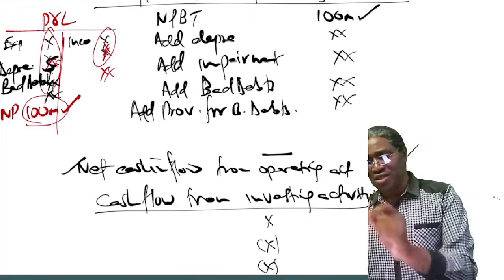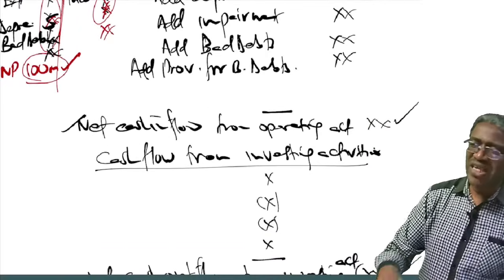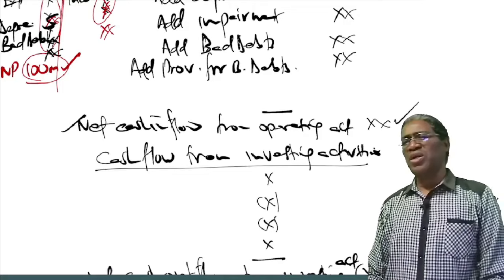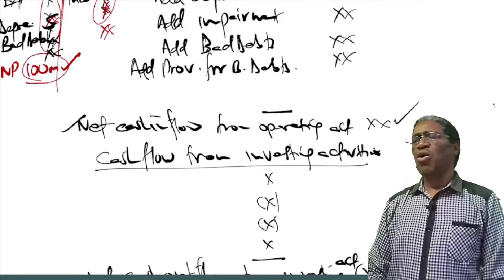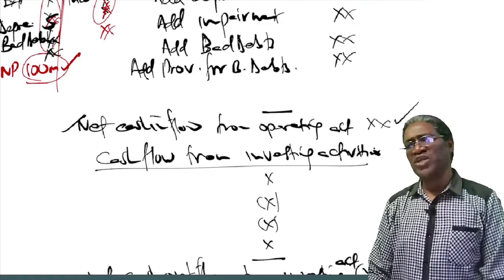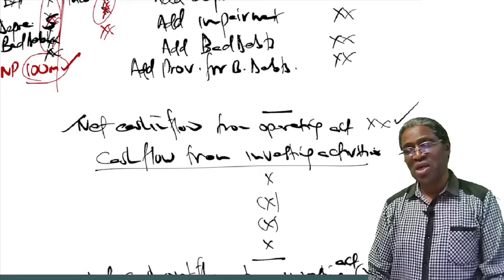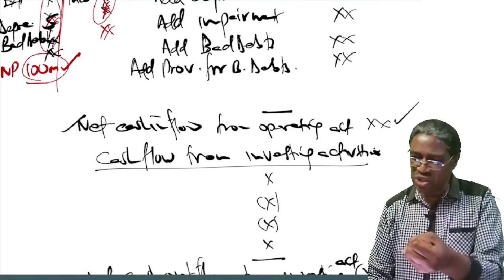Somebody has given me another one called amortization. Good. Amortization, when you have an intangible asset, let's call it trademark or patent or copyrights, and you depreciate such intangible assets, we don't call that depreciation.